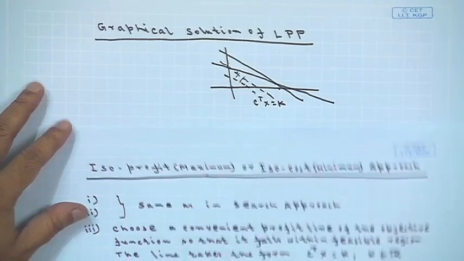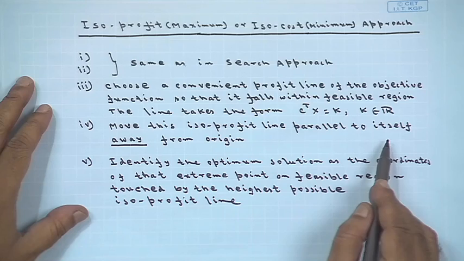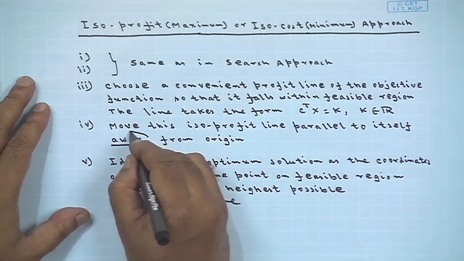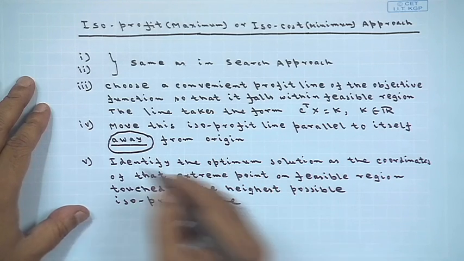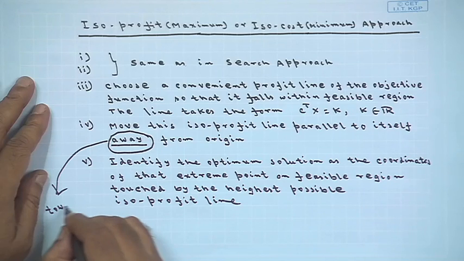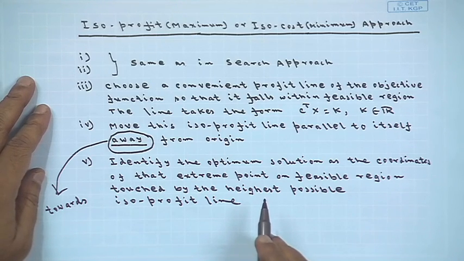So, we are saying move this ISO profit line parallel to itself away from the origin, and this away part can be towards the origin if the problem is a minimization problem.